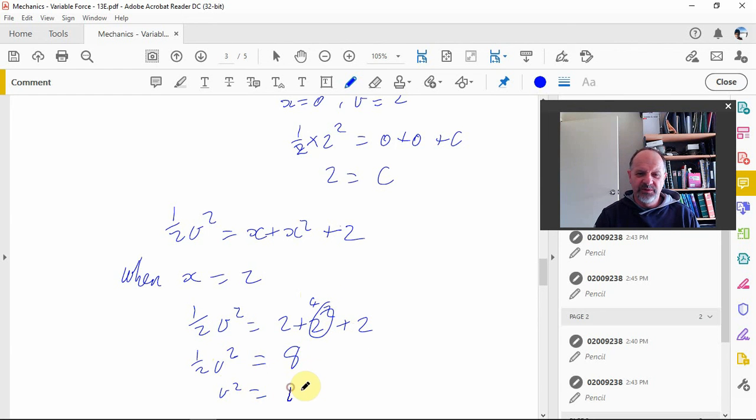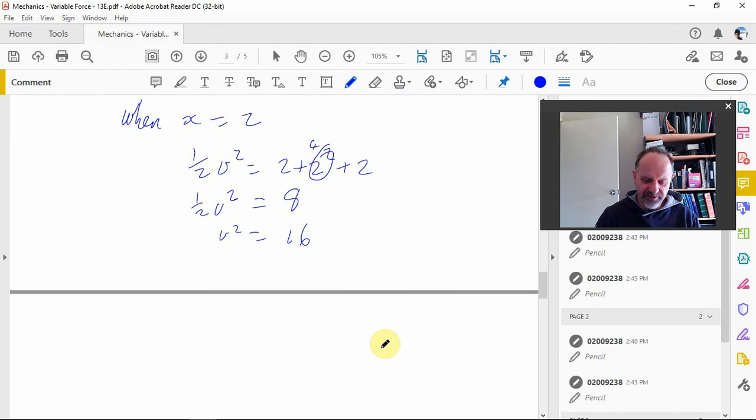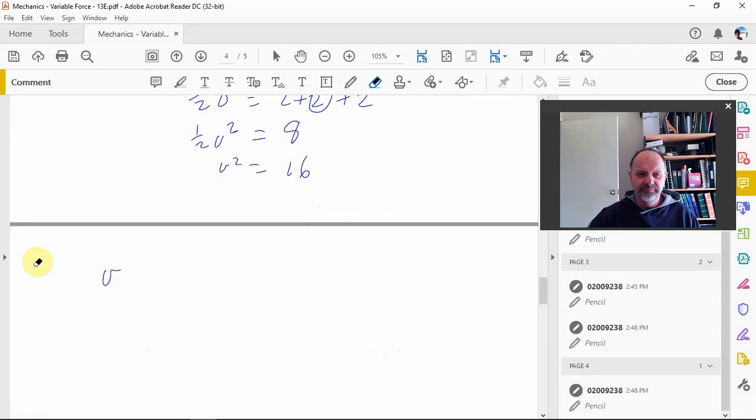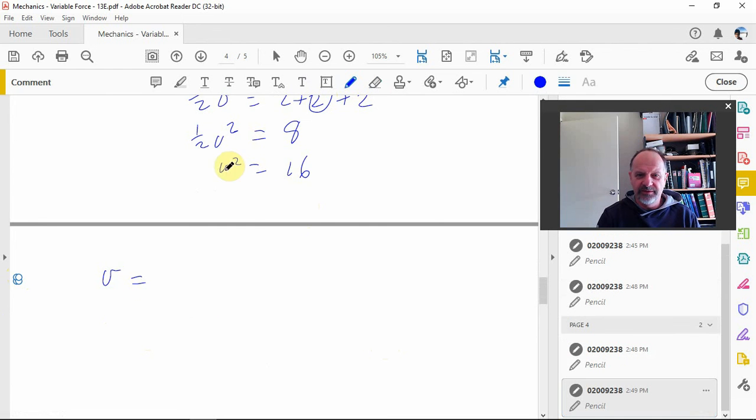Times both sides by 2, that's 16 for v squared. Then we've got to square root that to get v, because we've got v squared, so plus or minus 4 would be the answer.